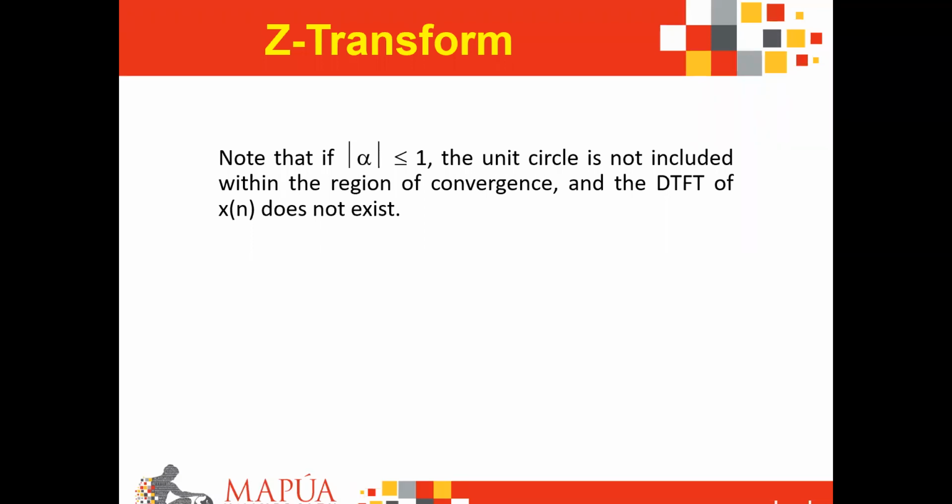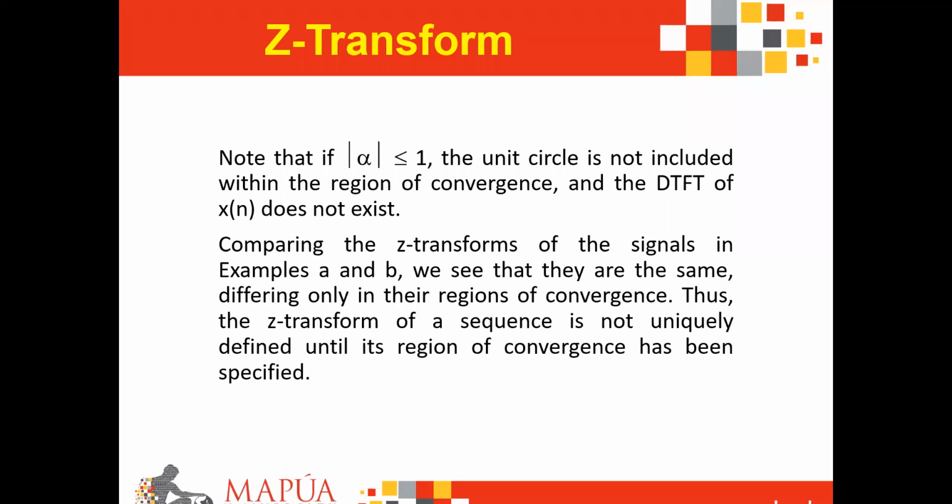Kasi there is no equivalent doon sa table ng discrete time Fourier transform. No? There's no equivalent of that. Okay? So if we then try to compare the transforms of the signals, you will see that they're exactly the same, differing only on the regions of convergence.